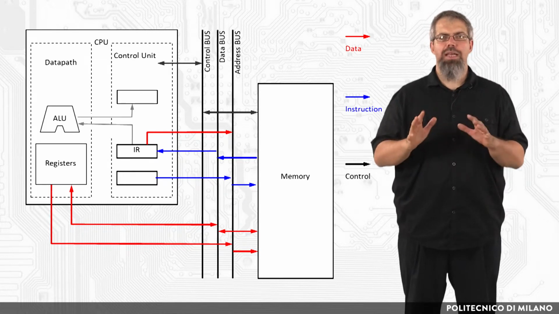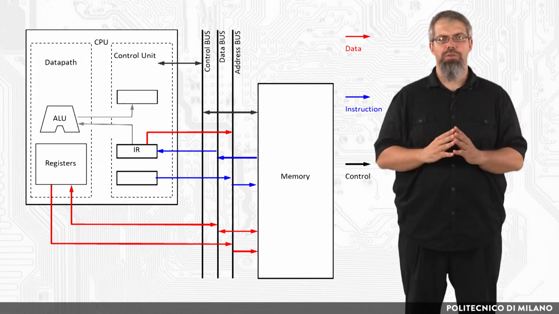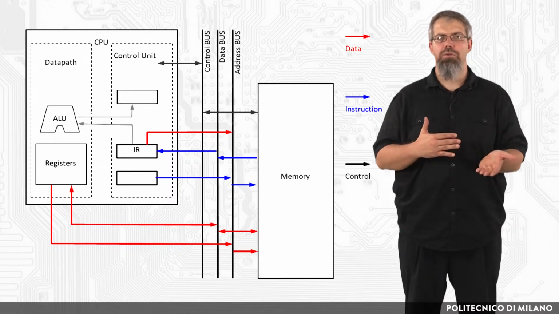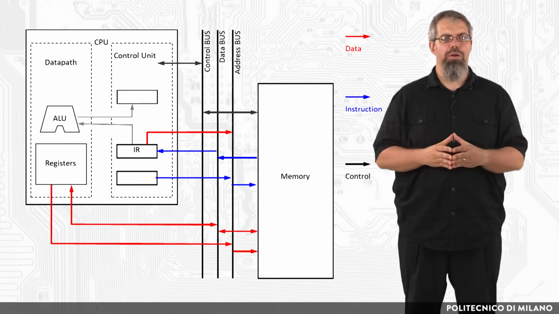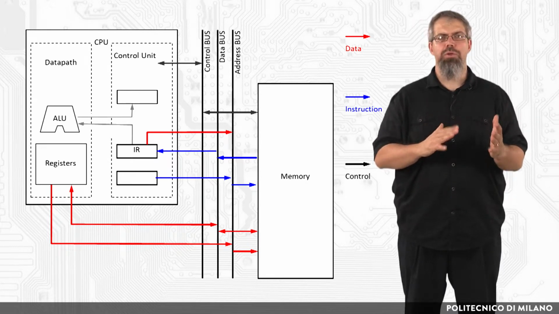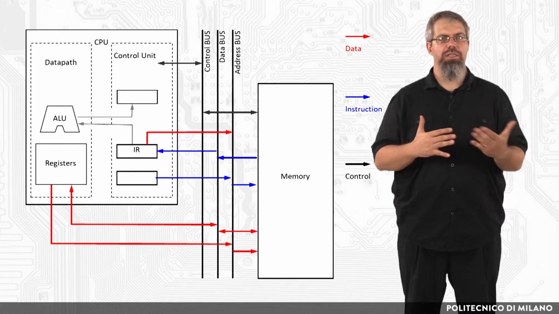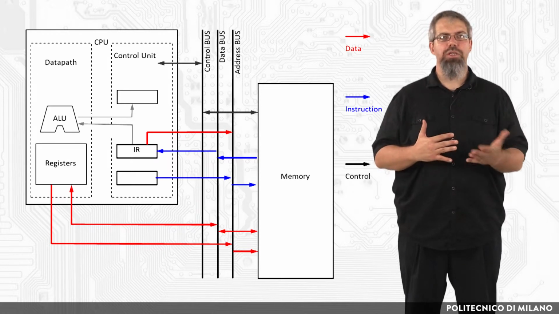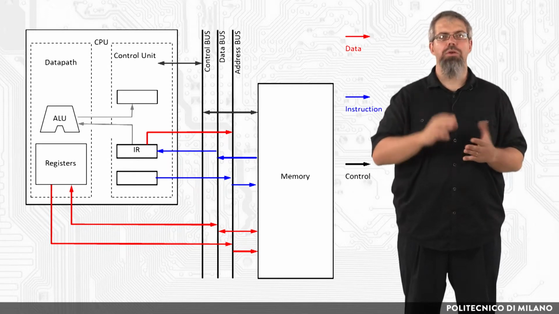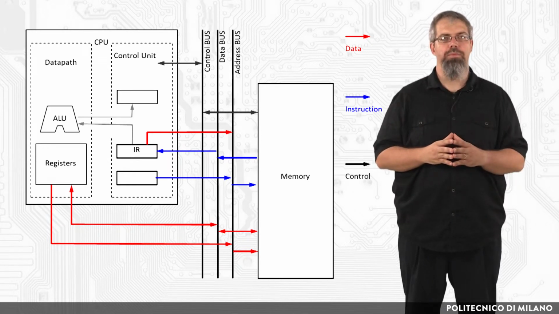The application that has to be executed on a specific processor is transformed into a sequence of instructions by processor compiler tools, such as the GNU Compiler Collection or GCC. These tools transform an algorithm coded in a programming language such as C or C++ into a series of assembly language constructs that are specific to the processor we are going to use to execute our application.